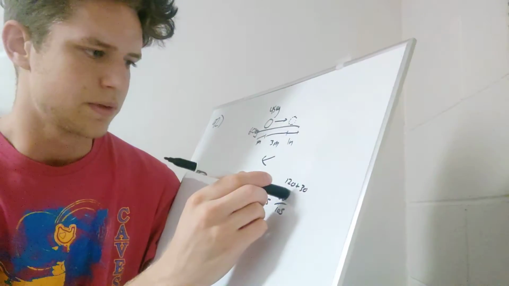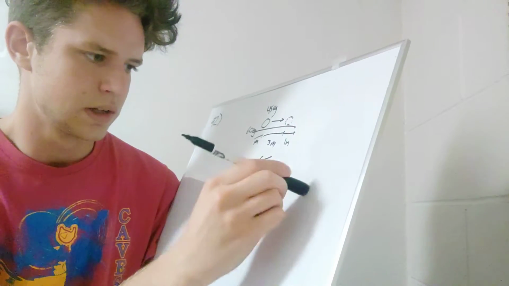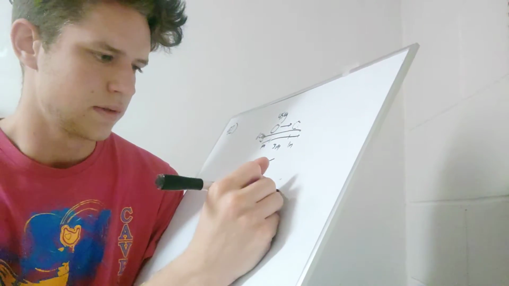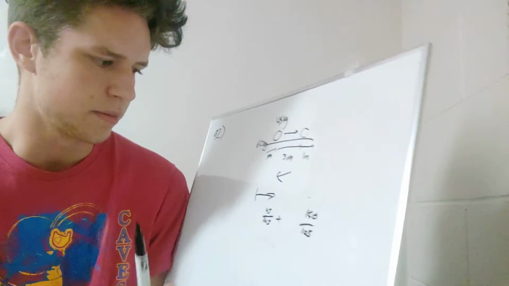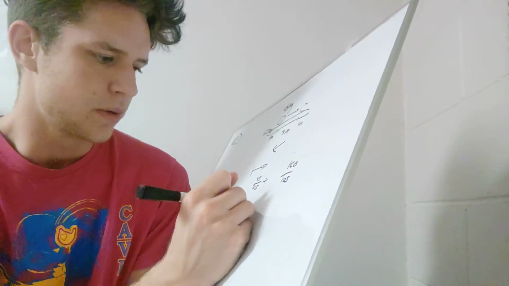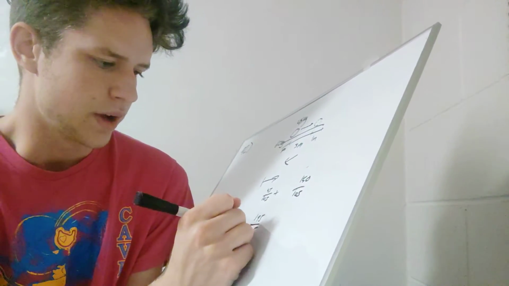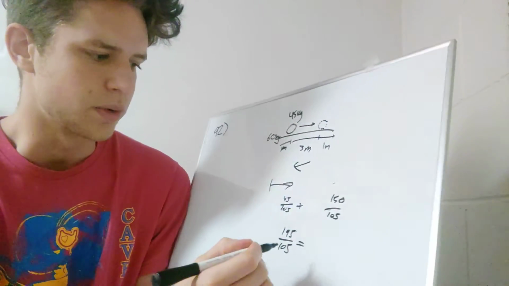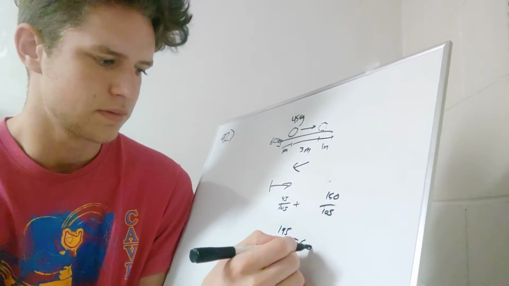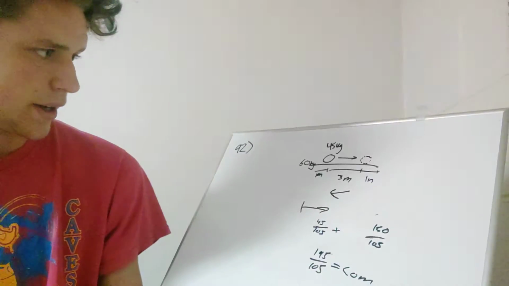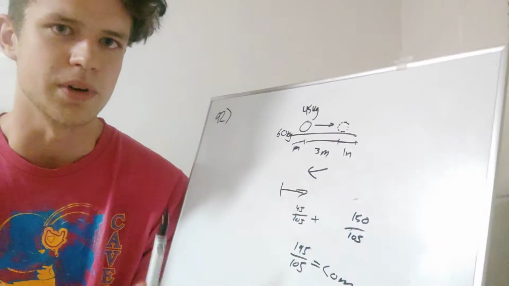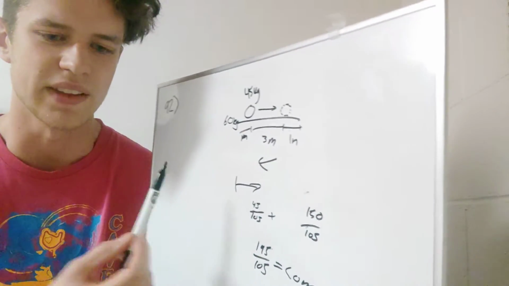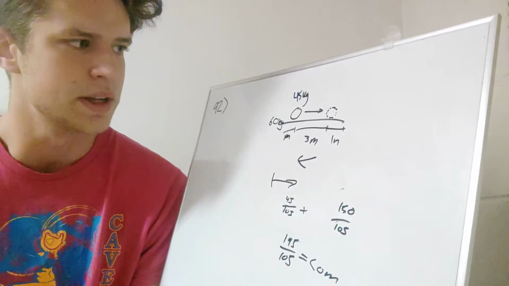So that comes out to be 150. So you get 45 plus 150, which is 195 over 105. And that's going to equal your center of mass. And then that center of mass is going to stay in the same place relative to an outside observer, basically.